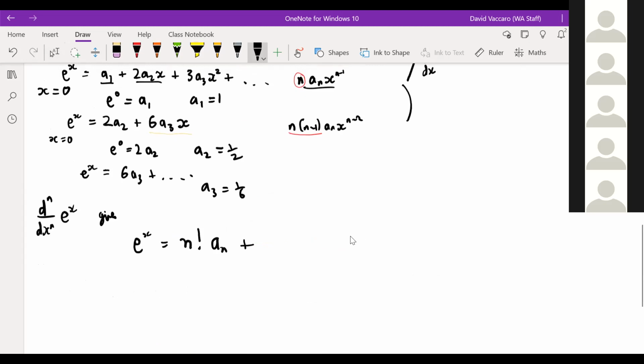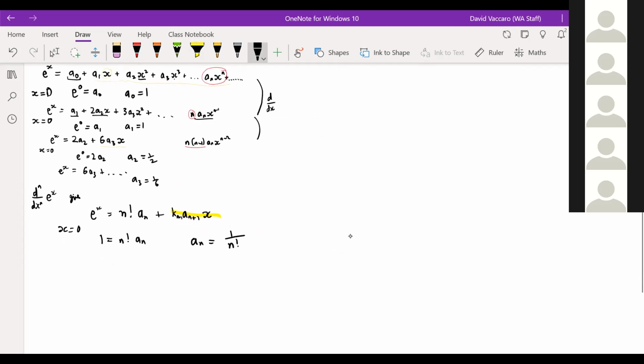And then I'll get higher order terms, an n plus 1 term with an x, with some number which doesn't particularly interest me here, because I can kill it by setting x equals 0. So I get 1 equals n factorial a_n. So a_n is equal to 1 over n factorial.